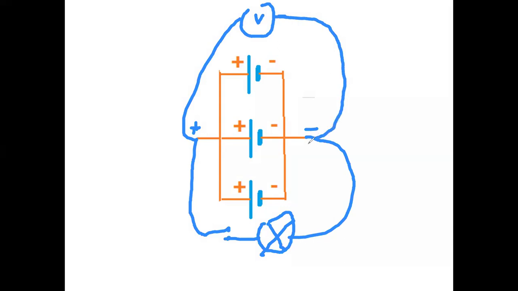It will not be added up, but the internal resistance will be calculated by 1 upon R total is equal to 1 upon R1 plus 1 upon R2 plus 1 upon R3. That will result in a decrease in resistance. Internal resistance will be decreased, whereas in series combination, the internal resistance increases.